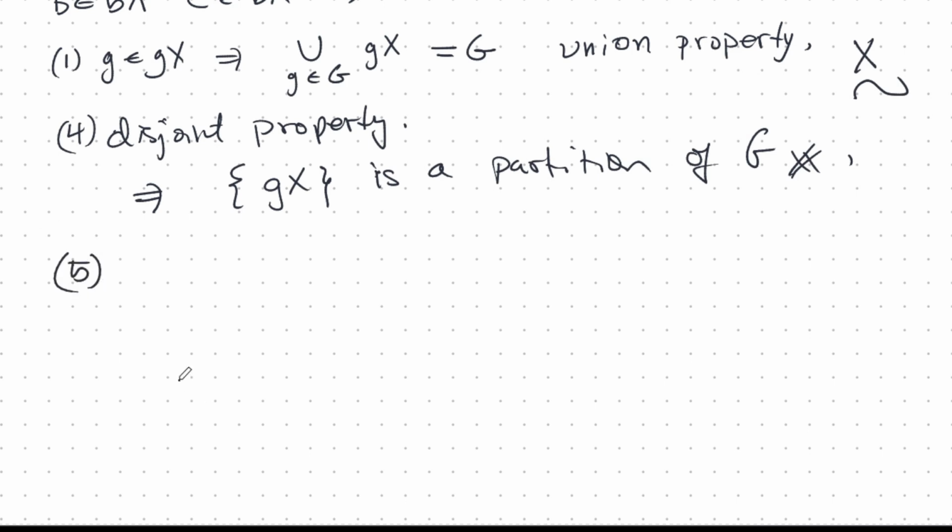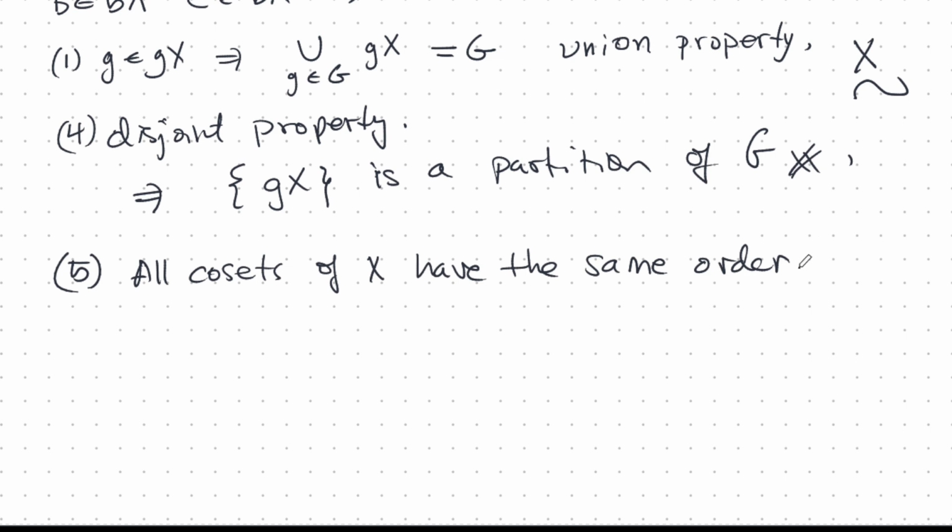All right, so one more proof, and this is another one that's very key, very important. This is proof 5. All cosets of X have the same order. So if I have any two cosets, g1X and g2X, when I look at the size, the number of elements, it's always going to be equal. Let's prove this in a little bit indirect way.